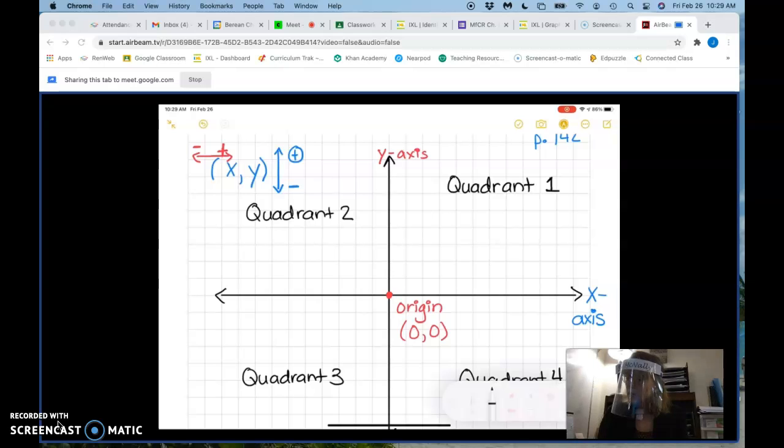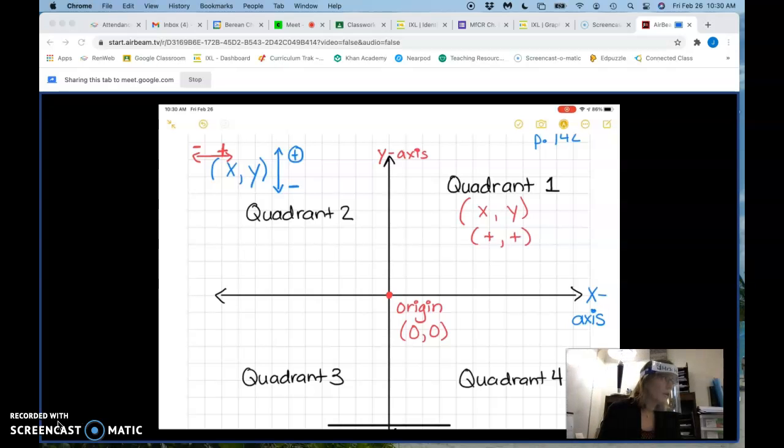Now in each of these quadrants, the X's and the Y's have a certain positive or negative sign on them. So we're going to go over that now. So in quadrant 1, the X is positive and the Y is positive. So this is how I write that to show you.